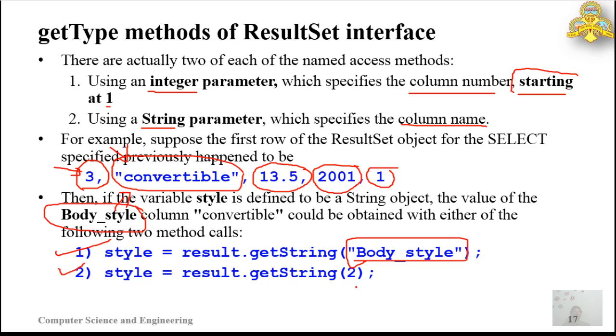And if I know the column number, then I can give the value 2. Here is column number 1, column number 2, like this. In both examples you will get the same value, that is convertible. In the first example, style will contain the string convertible. In the second example also, style will contain the string convertible.